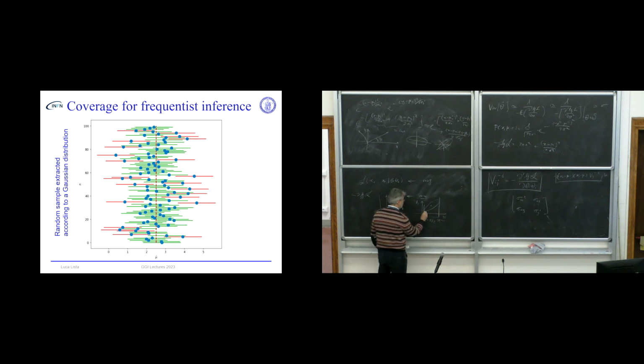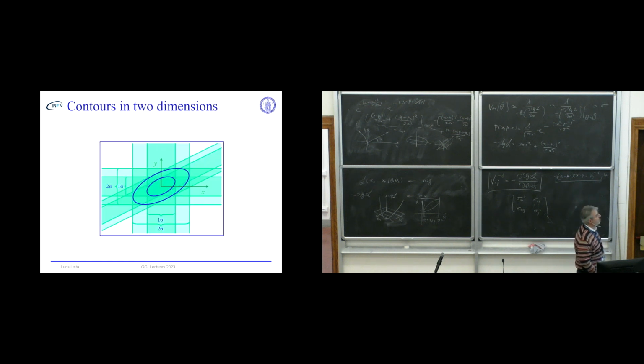If you project on the other axis, you end up with another interval in the second parameter where you have 68%. You may also take projections into other directions. For instance, I take this slanted projection, and here you have a 68% probability on an axis which is, let's say, tilted compared to the other one.